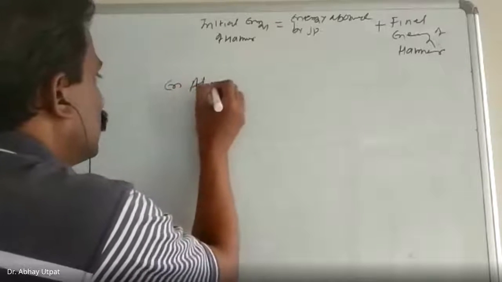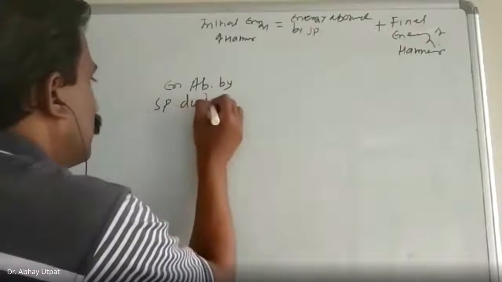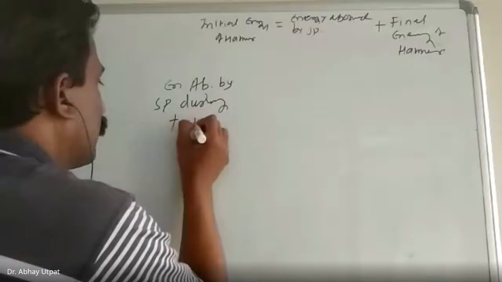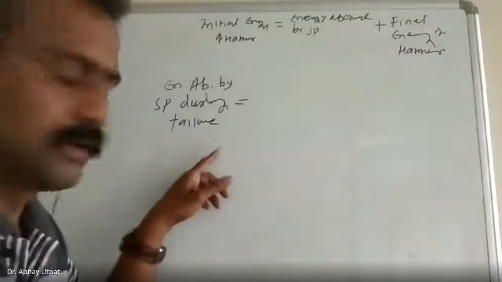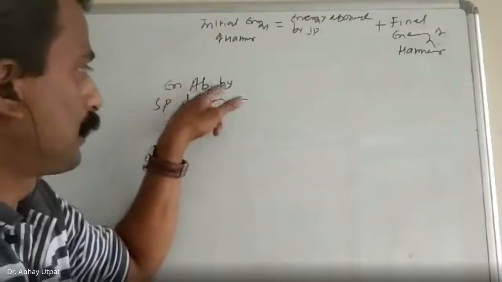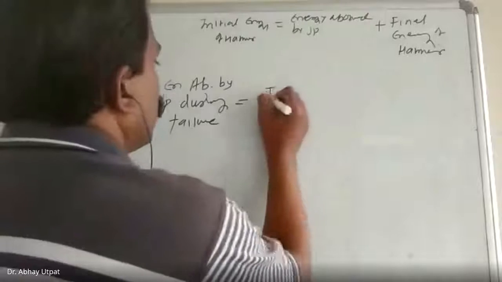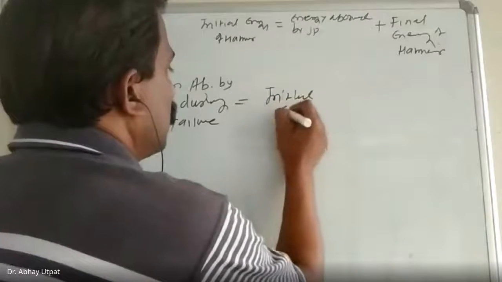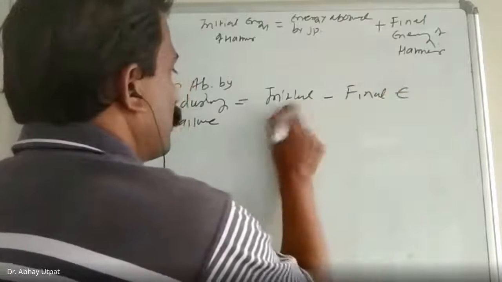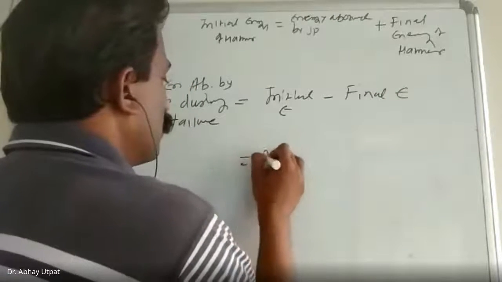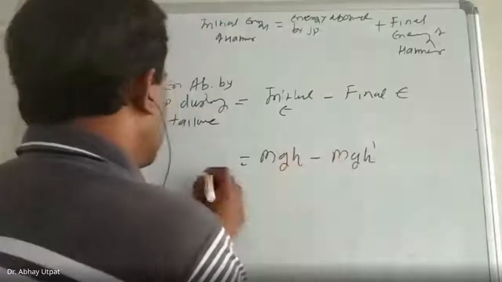Energy absorbed by specimen during failure equal to initial energy minus final energy. Both are potential energies. Equal to mgh minus mgh dash.